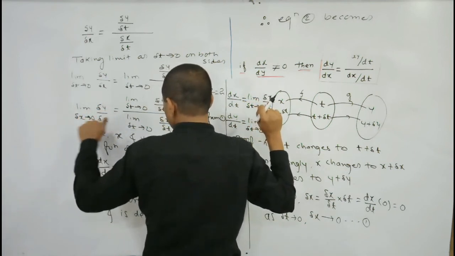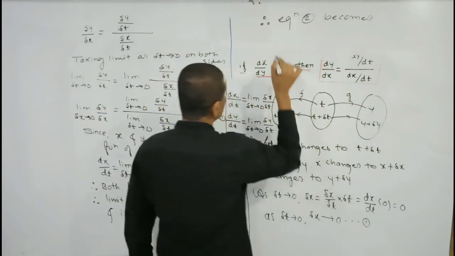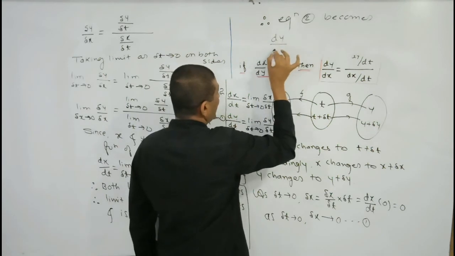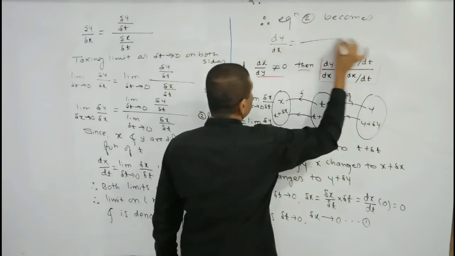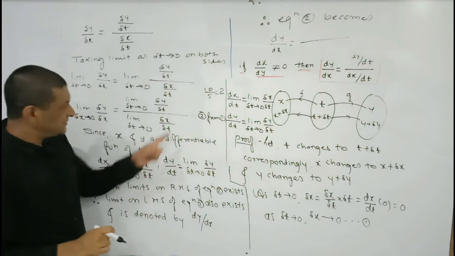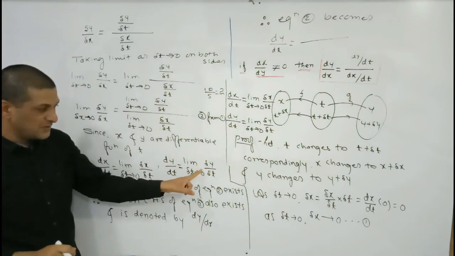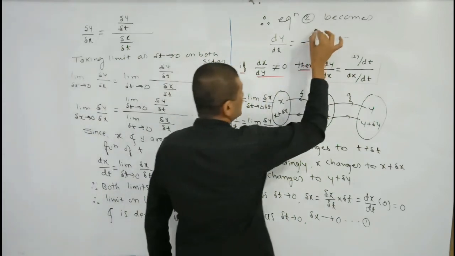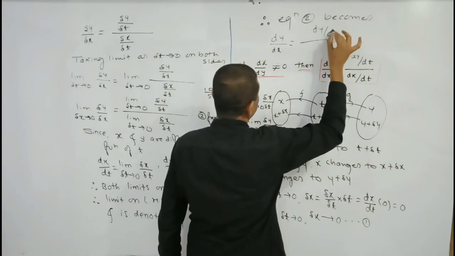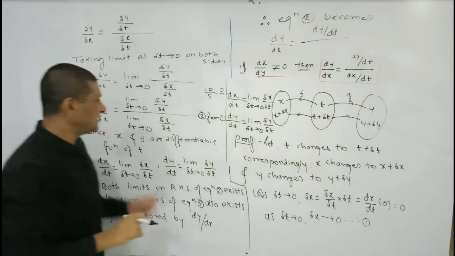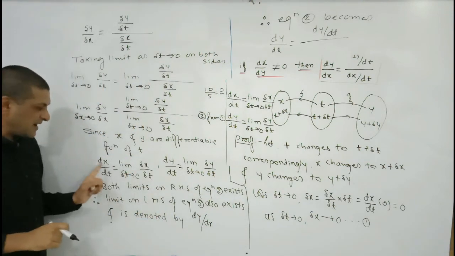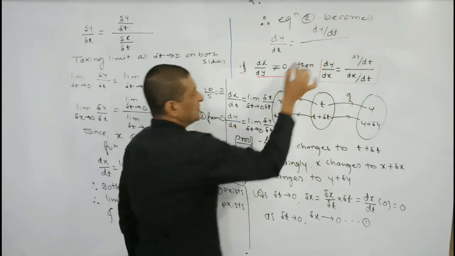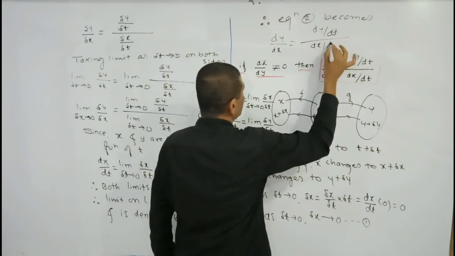This limit, we are already told, is denoted by dy by dx. On the right hand side, this limit, for which we have given the reason, is denoted by dy by dt, and the limit in this denominator is denoted by dx by dt.